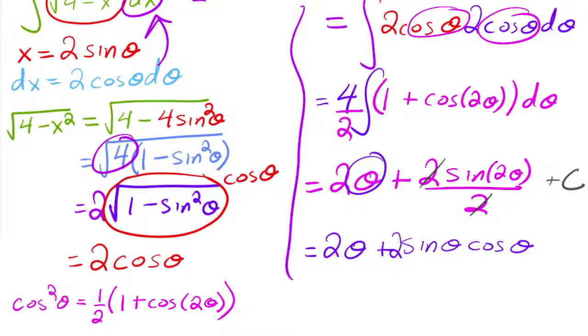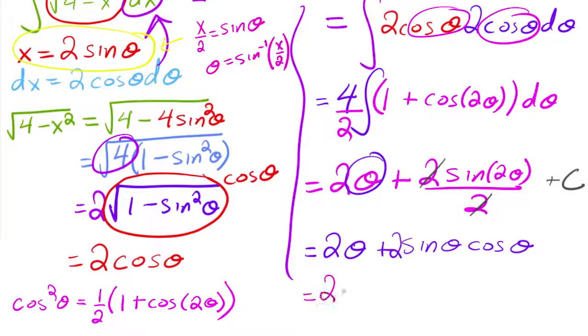So let's go back here. We know that x over 2 is equal to sine of theta. That means that theta is equal to inverse sine of x over 2. So that part is equal to 2 times inverse sine of x over 2.